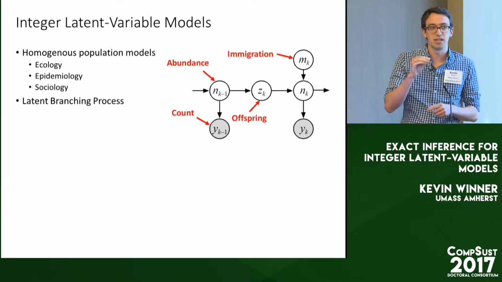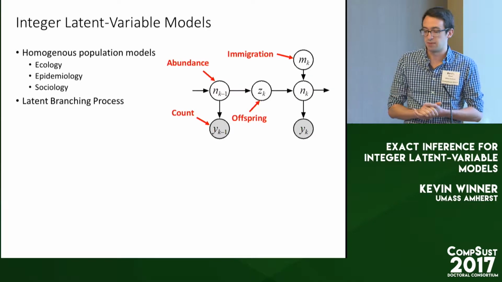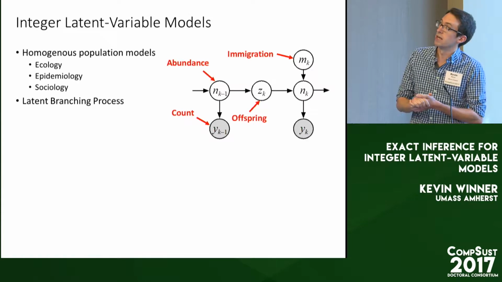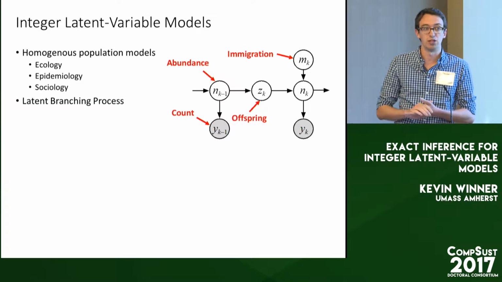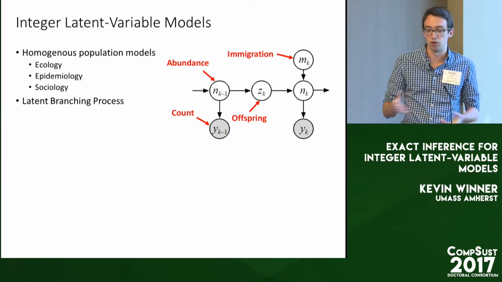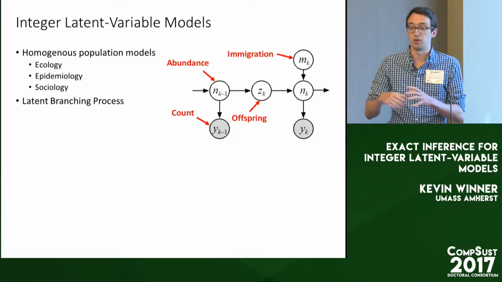And then that abundance has some population dynamics that govern how it changes from one time step to the next. In this case, it has two. One is that there's some number of offspring produced by each one of the individuals in the population. And then there's also a separate, independent process, where new individuals can enter the population in immigration.